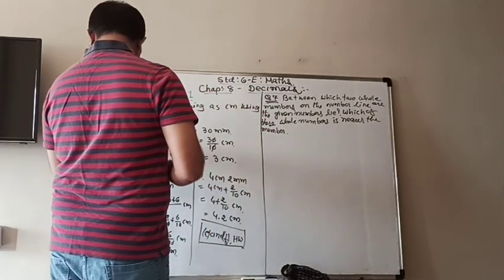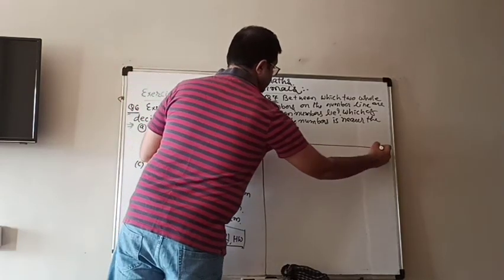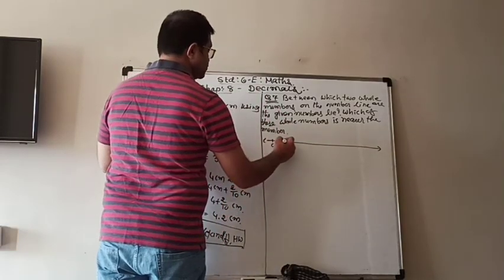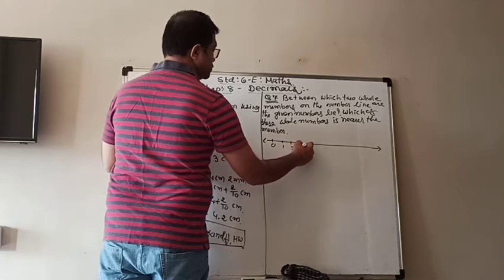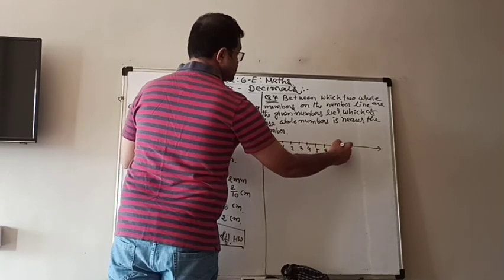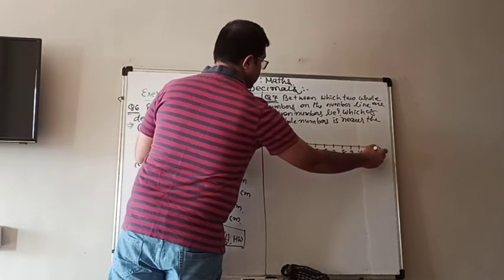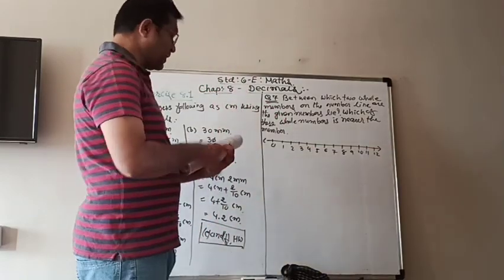So here we know that the number line can be like that. Whole numbers, so we start with 0, 1, 2, 3, 4, 5, 6, 7, 8, 9, 10, 11 and 12 and so on.